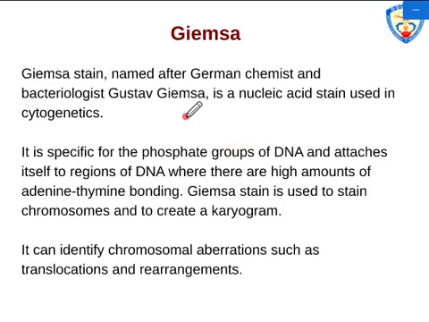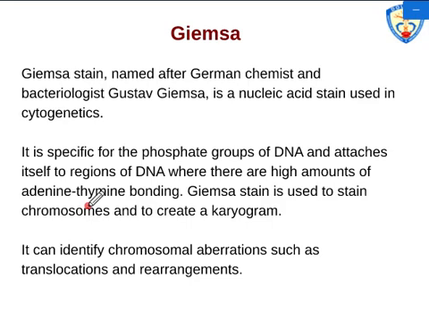Giemsa is a stain named after German chemist and bacteriologist Gustav Giemsa and is used in cytogenetics. It is specific for the phosphate groups of DNA and attaches itself to regions of DNA where there are high amounts of AT bonding.